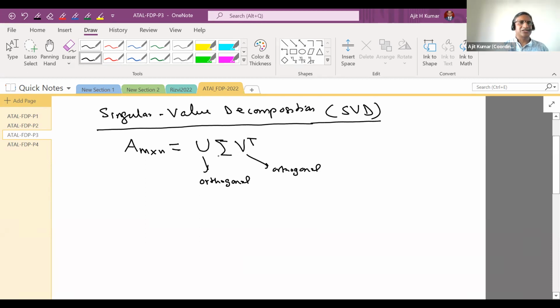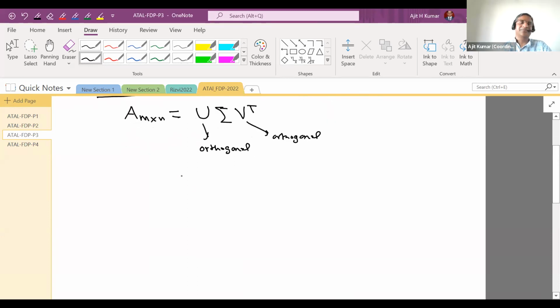V transpose can be written as the column matrix of eigenvectors of A, and sigma is going to be the diagonal matrix of eigenvalues. In that case, V and U will be the inverse of each other, which we already know from diagonalization. But if it is not diagonalizable, or if it is rectangular, then we cannot apply that.